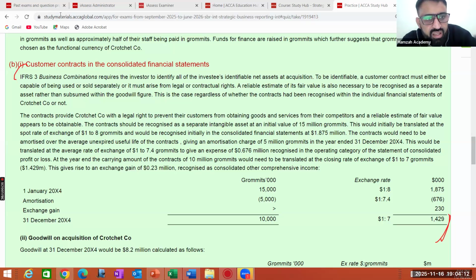Okay, have you read it? So according to IFRS 3, they are discussing with reference to IFRS 3, all the assets and the liabilities of the investee company should be measured at fair value at the date of acquisition.